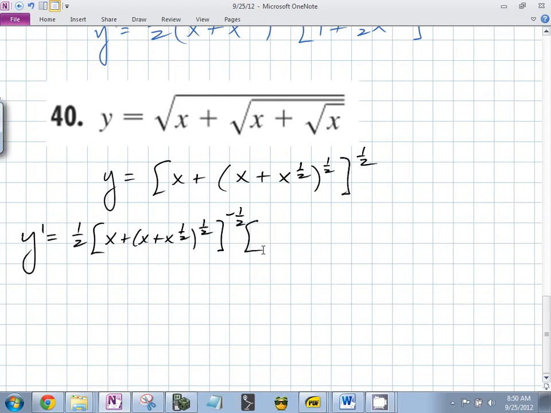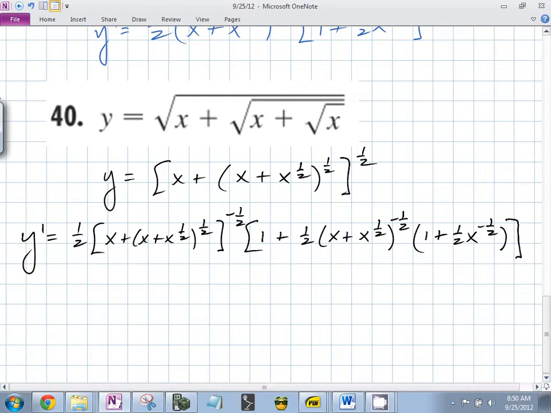Times the derivative of the inside, which is going to be 1 plus 1/2 x plus x to the 1/2 to the what? But what do you have to multiply this by? 1 plus 1/2 x to the... There it is. You had to use the chain rule how many times?